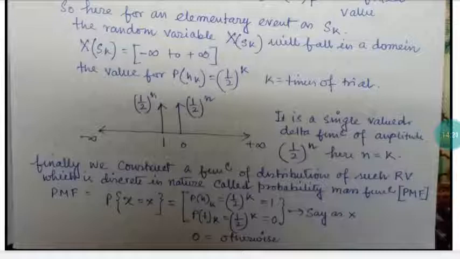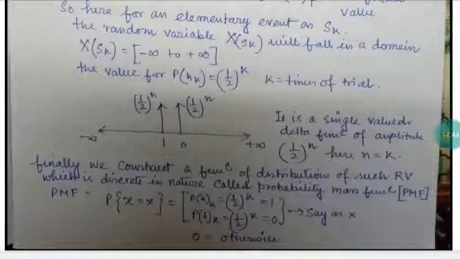If the first outcome is head, the second outcome is either head or tail. We are not considering it in this way; we are considering all the different experiments as individual. So the first experiment's outcome is half, the second is half, the third is half, the fourth is half. Nothing is dependent on its previous or next steps. That is why they are called discrete in nature.